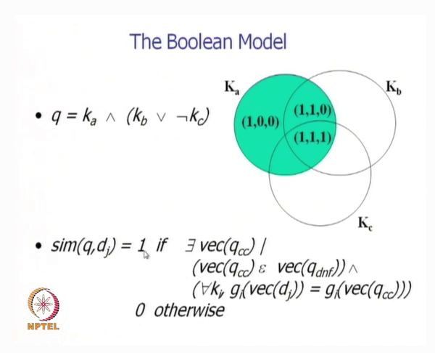Then we say that the similarity is 1. Or more simply, the keywords which are present or absent in the query are also present or absent in the document. Then that document has similarity value of 1 with respect to this query.